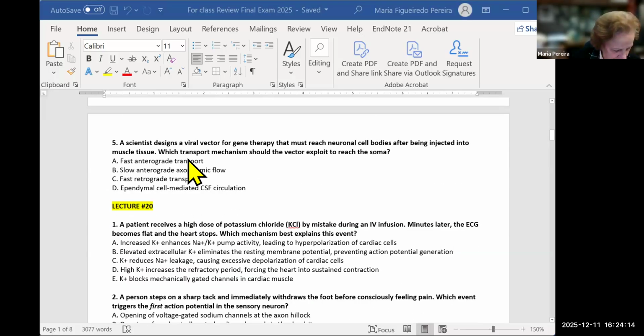A scientist designs a viral vector for gene therapy that must reach neuronal cell bodies after being injected into muscle tissue. Which transport mechanism should the vector exploit to reach the soma? Well, this is sort of repetition from a previous question, the rabies virus.